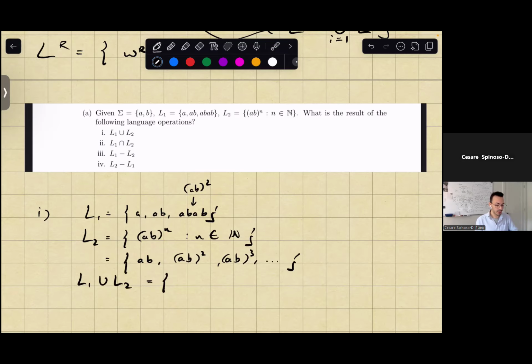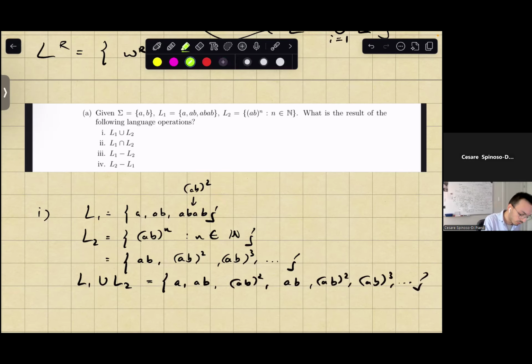then we take everything from L1 and everything from L2 and we put it all together. So we'll have AB square from L1, and then AB square, AB cube, and so on from L2, because sets do not allow for duplicates.